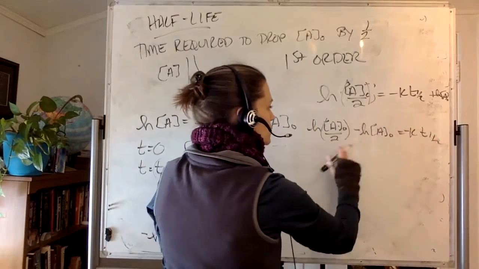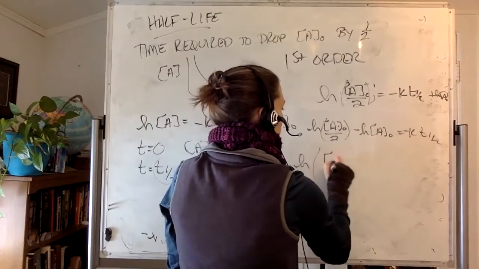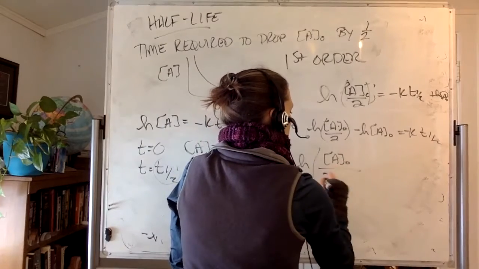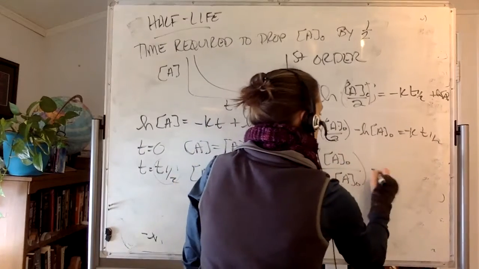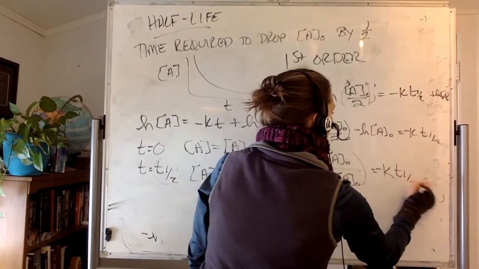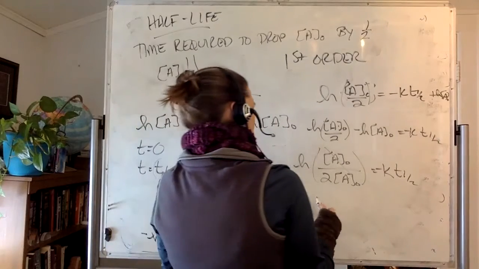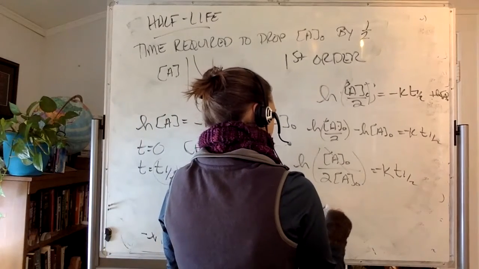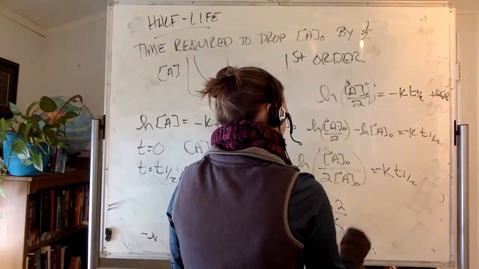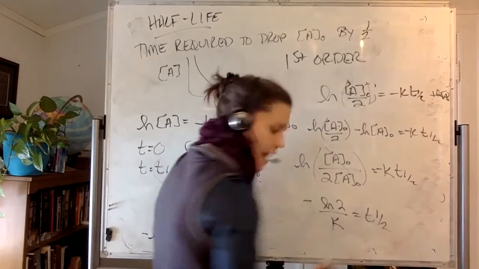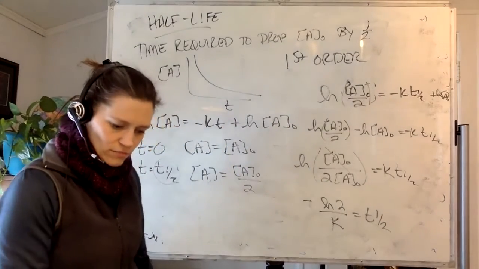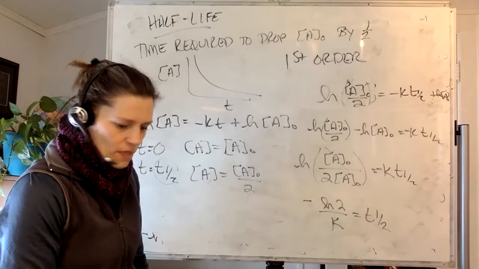I can combine these two, which gives me log of the quantity A0 divided by 2 over A0 equal to minus k t1/2. And then A0 and A0 cancel, and I'm left with minus log of 2 divided by k is equal to t1/2. Sweet. Well, that was easy.